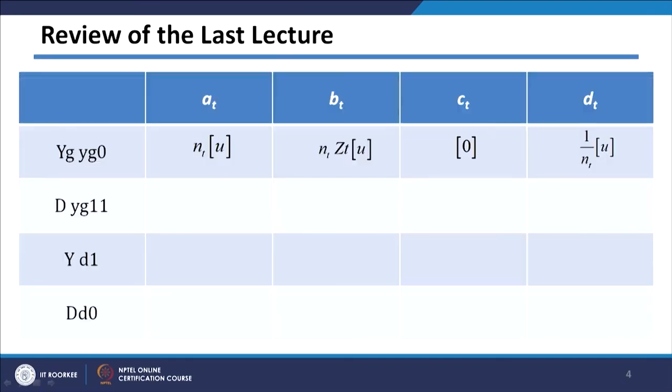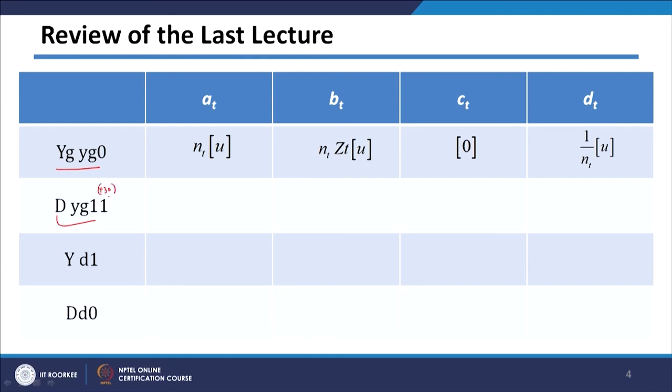So, in the last 2 lectures we have seen 4 connections of the transformers. One is grounded Y by grounded Y connection, which is given by this expression, YG 0 vector group. Then we have seen delta grounded Y connection, which is represented by DYG11, which represents plus 30 degree phase shift.